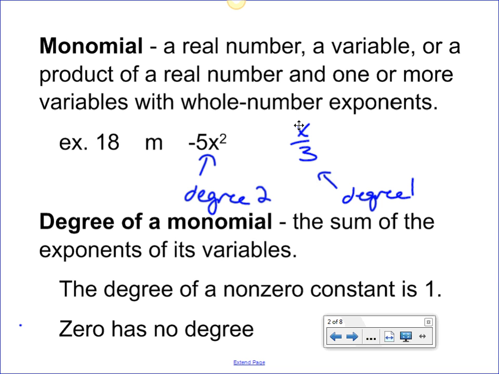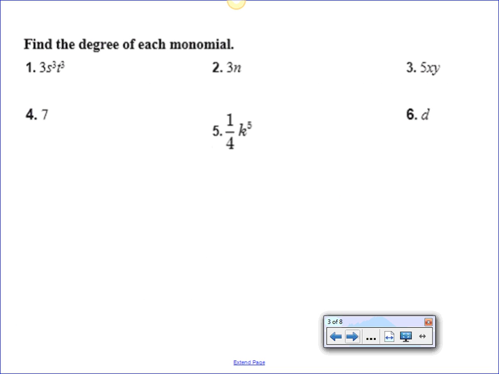Okay, then let's take a look at the next one here. If we were to ask you for the degree of number 1, we'd say the degree here is 6.